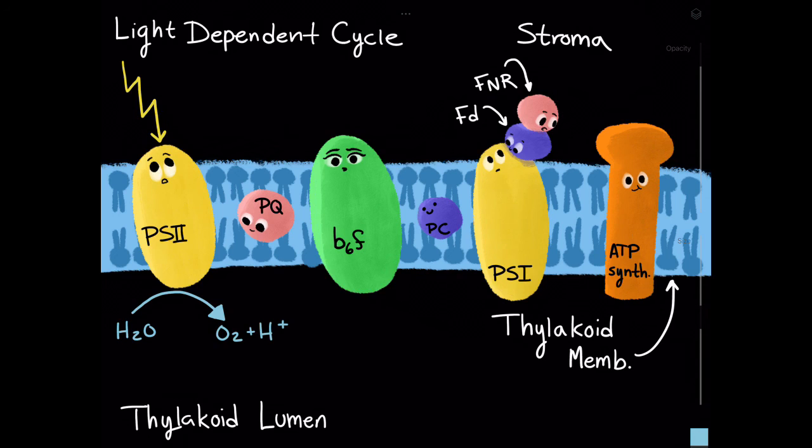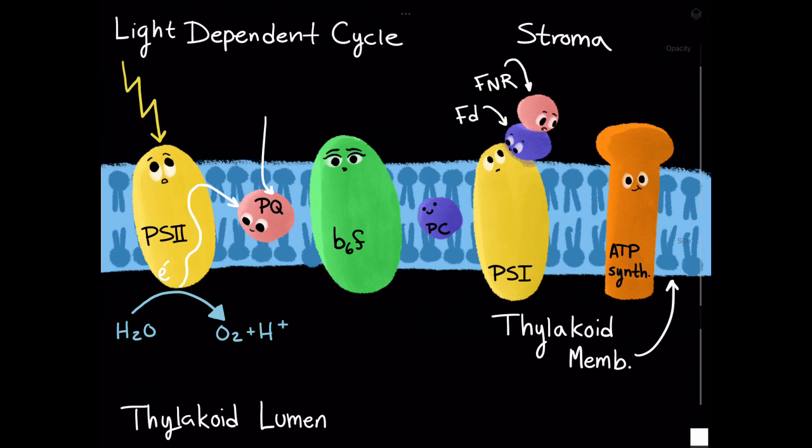So notice we're producing protons, which are going to help contribute to that proton gradient that we need to make ATP. And when we take that water and we use light to break it down, it releases electrons, and those electrons are going to be passed to plastoquinone.